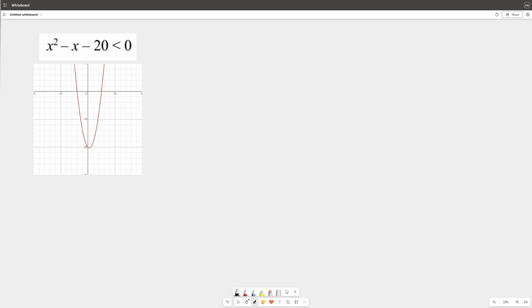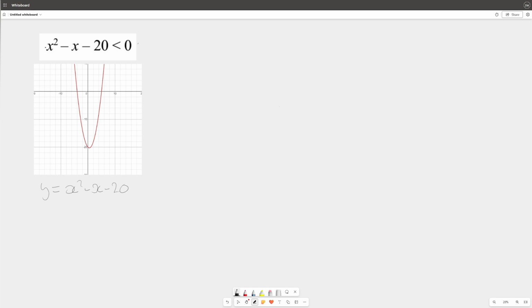So what am I talking about with quadratic inequalities? Well, there is an equation written at the top of the screen: x squared minus x minus 20 is less than 0. And I've drawn the graph there of y equals x squared minus x minus 20. So this is just a simple graph of this expression. And well, what is this expression actually talking about?